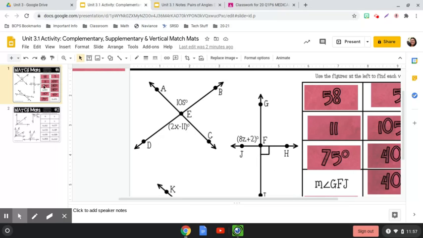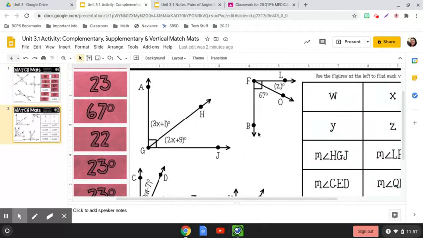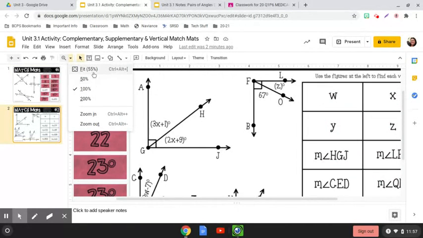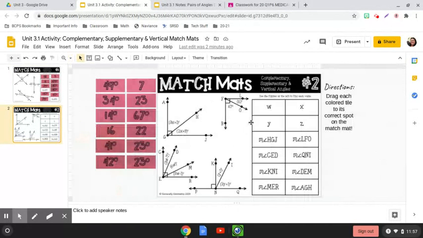All right, so we worked through math number 1. You today are going to work through number 2 on your own. You're going to work through just like we did on the other ones. Solve for these simple ones first, and then start working your way through your angles.